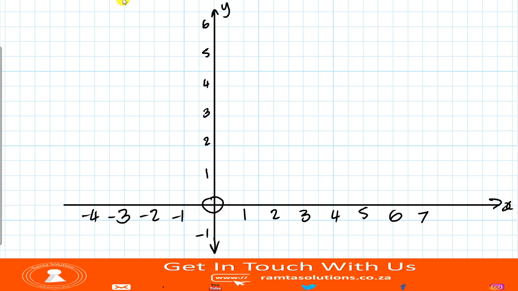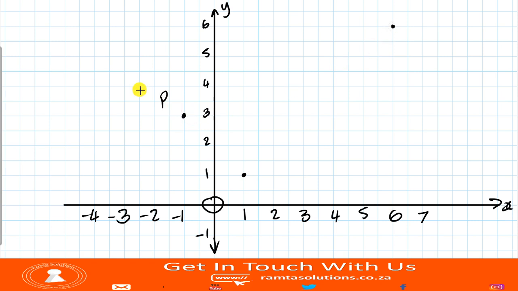Okay, so we had a point P with coordinates -1 and 3. Where is it? -1 and 3 is here. This is point P. And then we had a point Q with 1 and 1. Where is it? It's here. We had a point R with 6 and 6. Here is 6, and here is another 6.